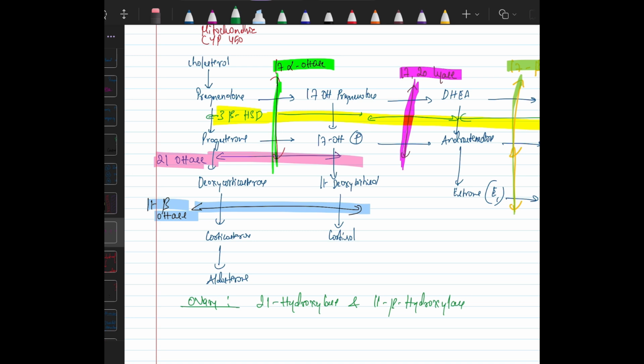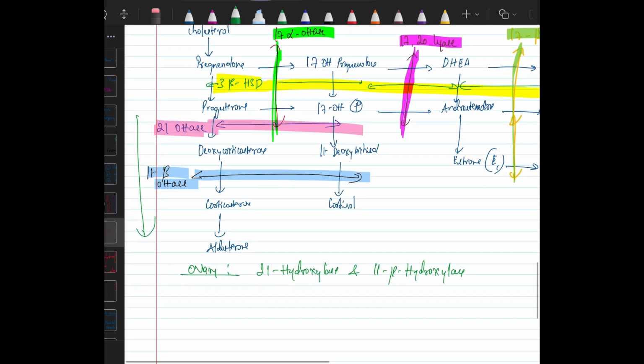So because of this, they cannot produce hormones down from progesterone. So they cannot produce aldosterone and corticosteroids. Okay. So like that, not all tissues contain all enzymes. There are specific enzymes in specific tissues, thus helping in producing specific hormones.